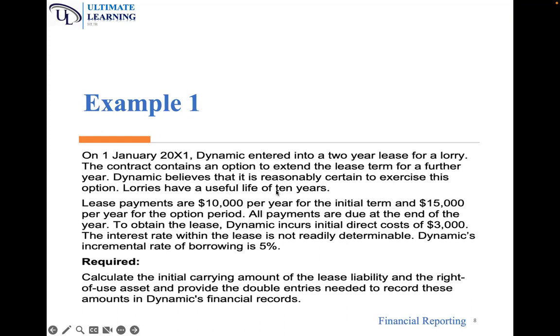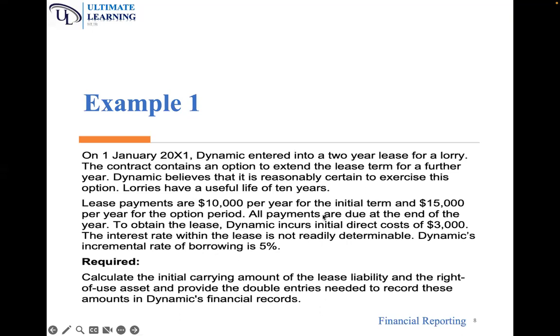Lorries have a useful life of 10 years. But remember, we are leasing for a total of 3 years: the initial term, and the option to extend by an additional 1 year. Lease payments are 10,000 per year for the initial term, which is year 1 and year 2, and 15,000 per year for the option period, which is year 3.